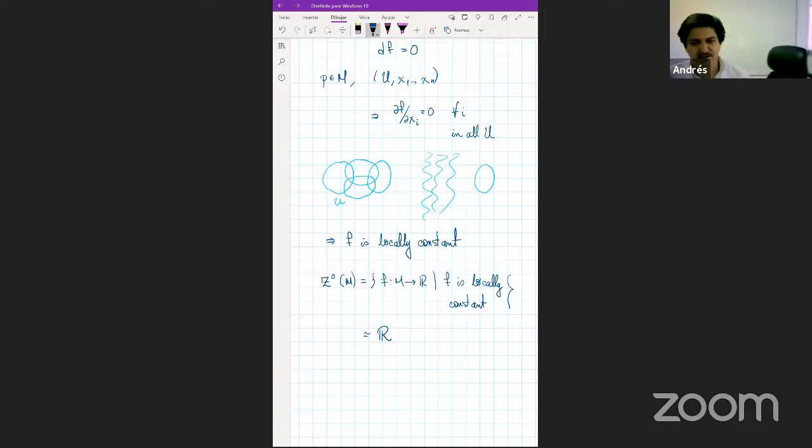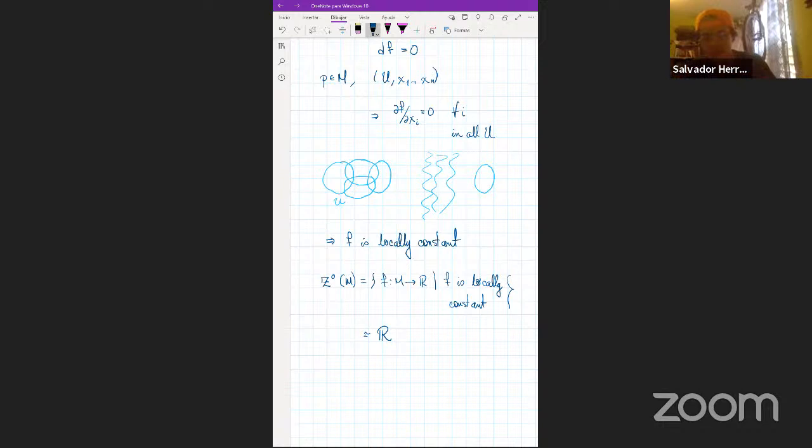Is that correct? Or are we missing more things? Depends on how many connected components.